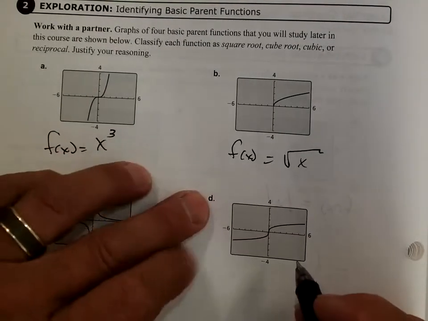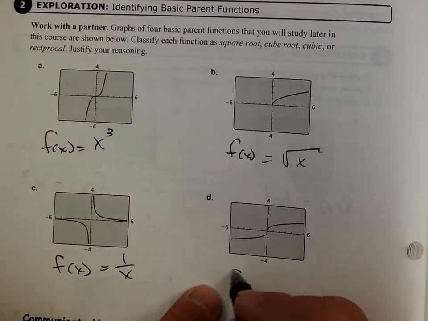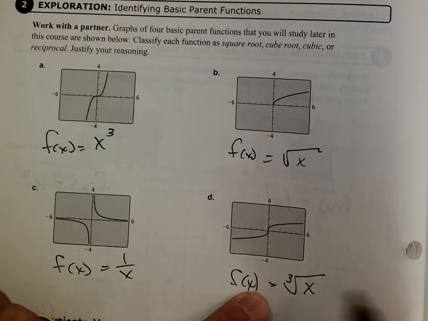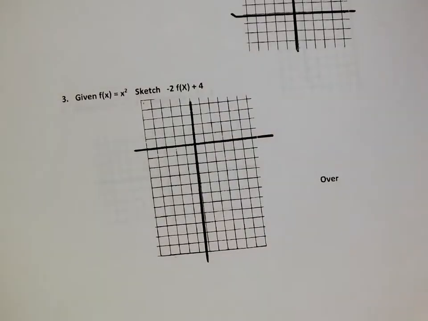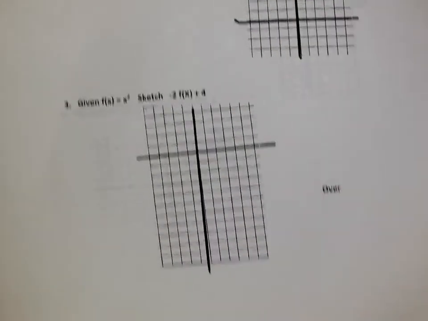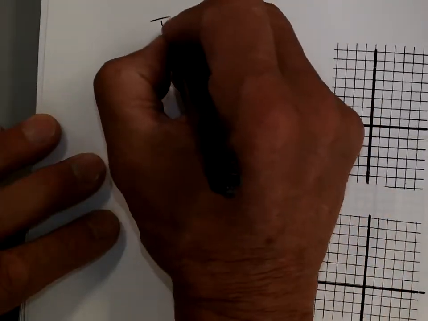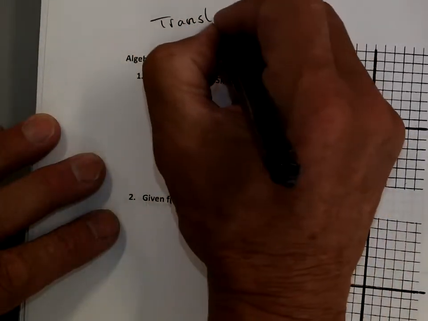And this is the opposite of this one, a cube root, okay? But we will not deal with this today. But there they are. Okay, now what are we going to deal with today? Well, let's take a look at translations, okay? So today's lesson is translations.